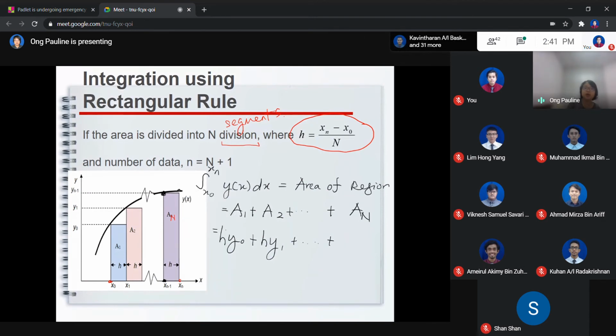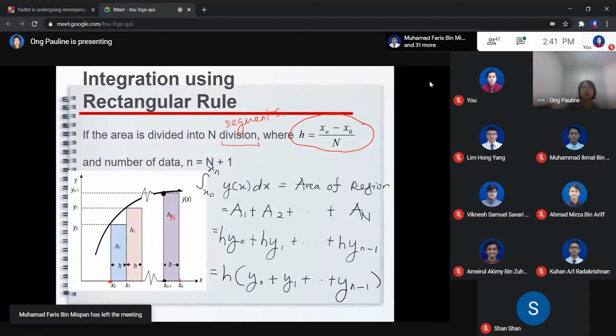This point is yn, but we are interested in this point, so this is yn minus 1, the second last point. Maybe we want to tidy up a little bit, so I factor out the h. Inside the bracket, I only have y0 plus y1 until yn minus 1. So this is the equation for the rectangular rule.